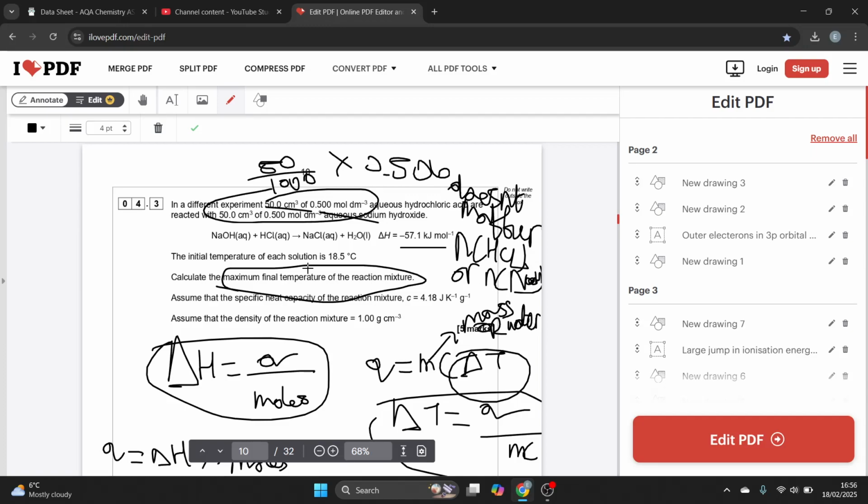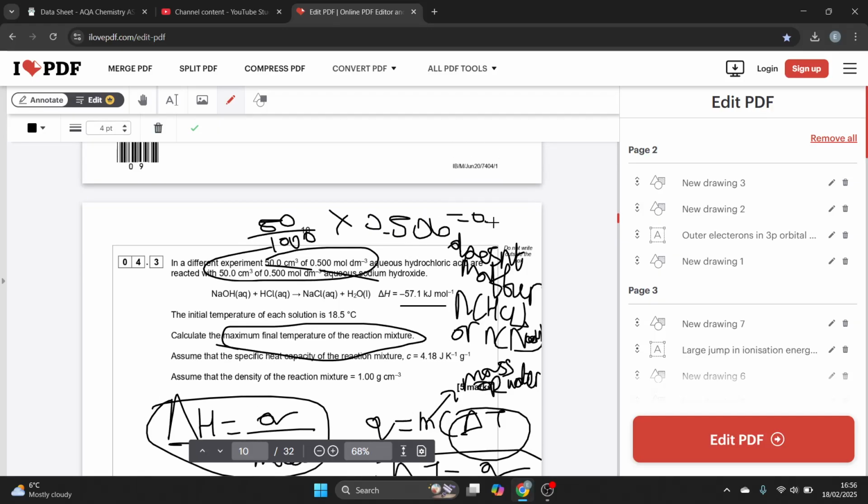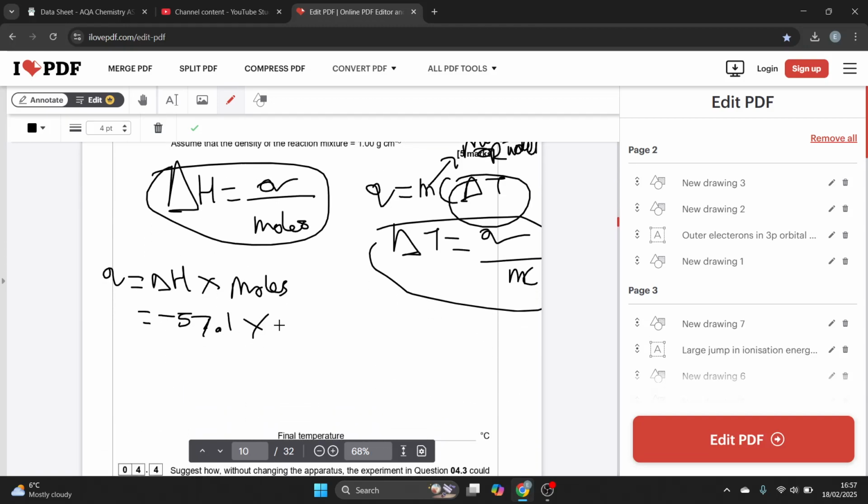Because same concentration, same volume, so it's going to be 50, let me put the light on, it's getting a bit dark. 50 divided by 1000 times by 0.500, 0.025 moles. Then I can work out Q, because 0.025 is the number of moles, so it's going to be minus 57.1 times by 0.025.